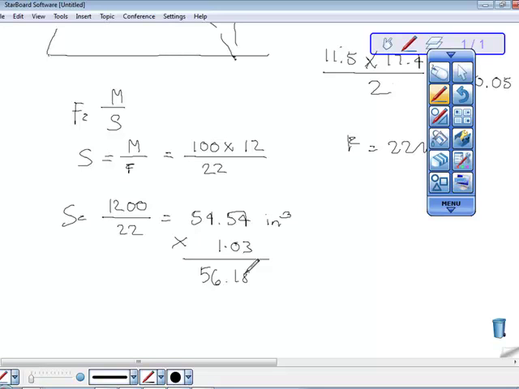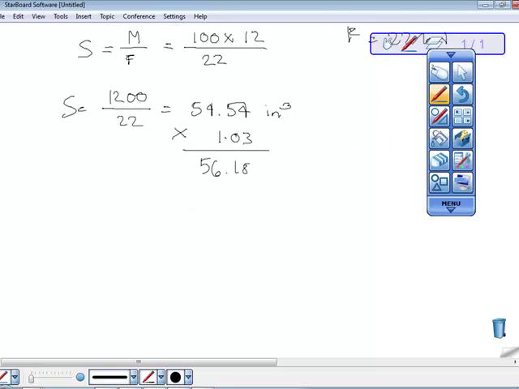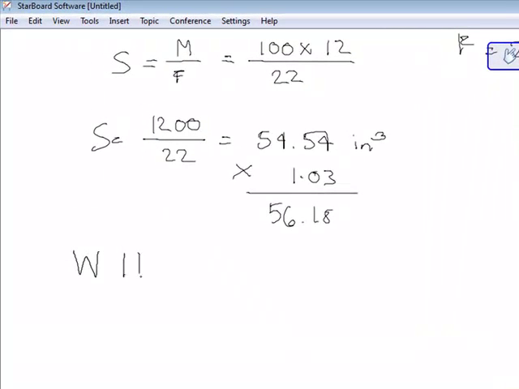So let's say we chose a W 14 by 43. By that nomenclature, what is the weight of the beam? What do we know from just a W 14 by 43?